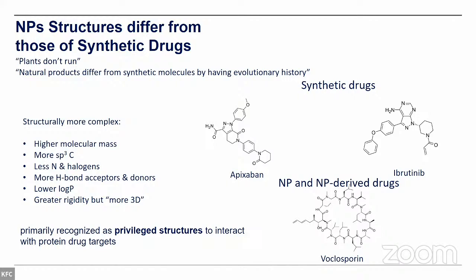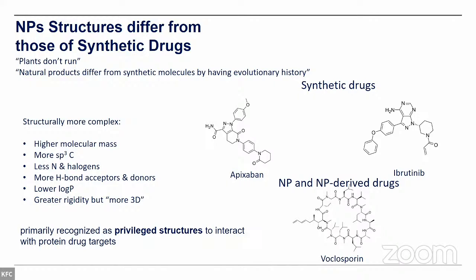If you look at the two examples of best-selling synthetic drugs, apixaban and ibrutinib here, you see that compared, for example, to the natural product-derived drug voclosporin, they have a much flatter structure. They have lower molecular mass.